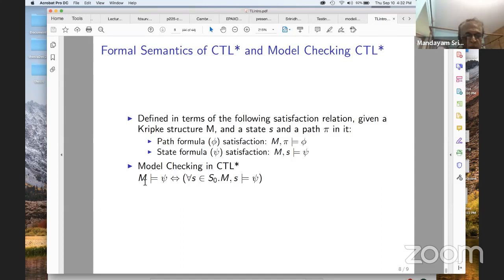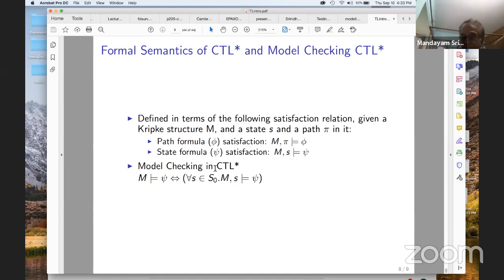We'll say a given Kripke structure M is considered to satisfy psi, where S or pi is removed, if for every state belonging to the initial states S naught in the Kripke structure, M comma S satisfies psi. Which means it has to be true for every initial state. So that's how model checking is defined.